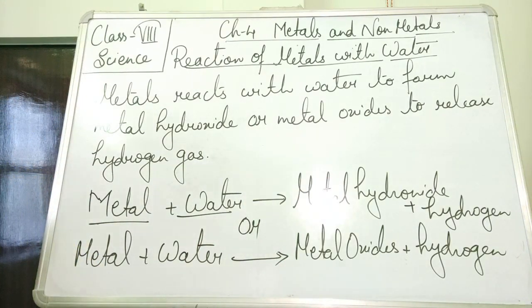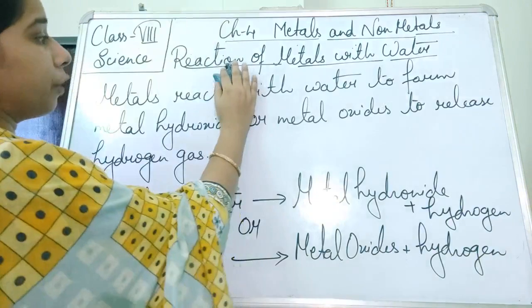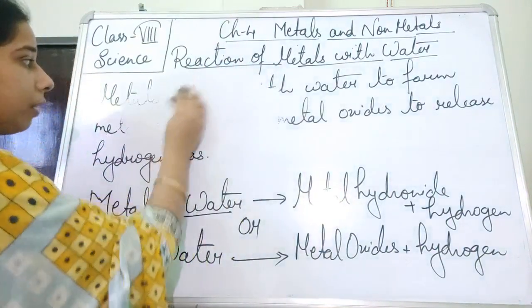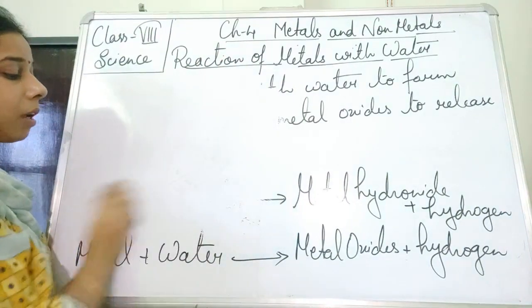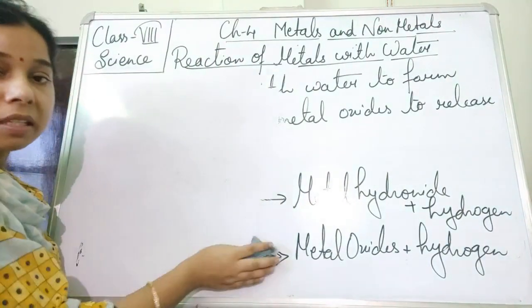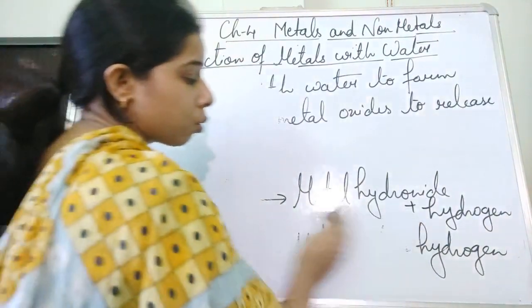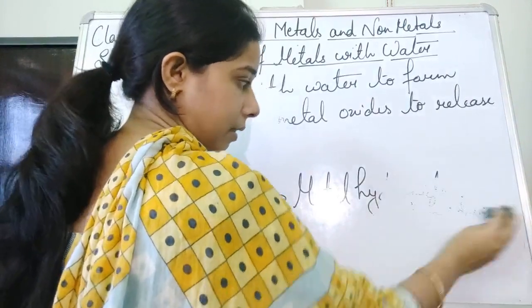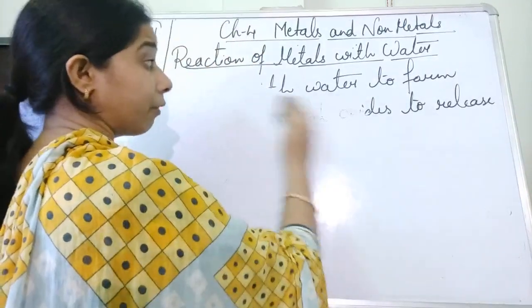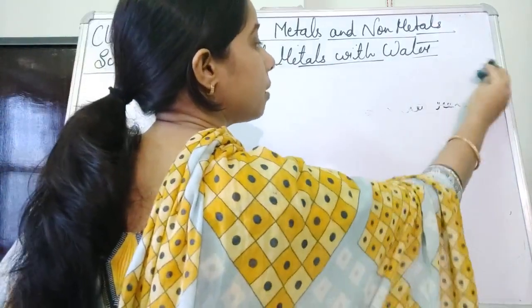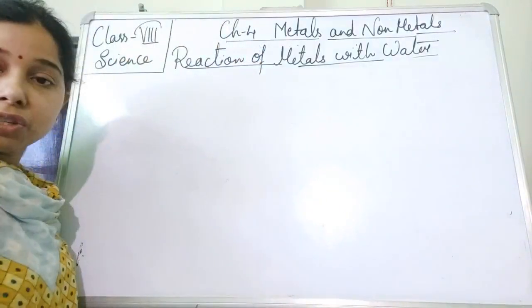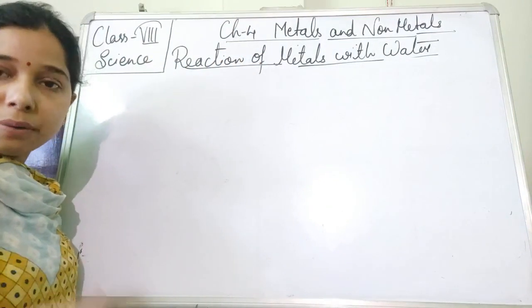I told you that some metals react vigorously with water, meaning they are quite reactive, and some of them need a temperature, meaning they are less reactive, so they do not react with water as it is. They react with hot water. Hot water or steam provides the sufficient temperature for them to react.